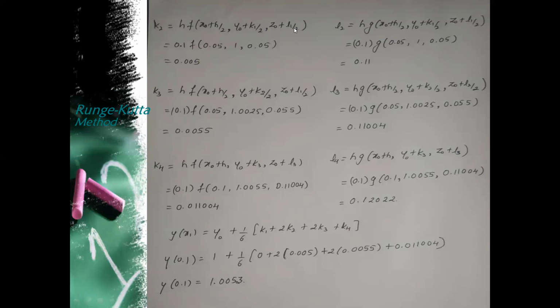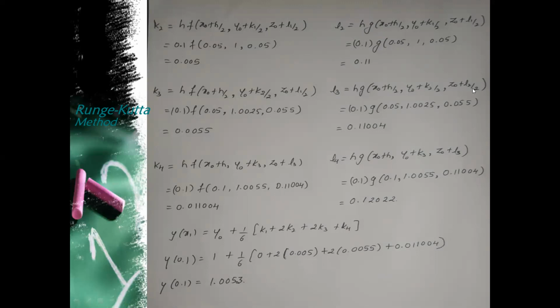Then z naught plus L2 by 2, z naught is 0, L2 is 0.11, so 0.11 divided by 2 we get 0.055. Now the value of the function is just z here. So z into 0.1 we get 0.0055.